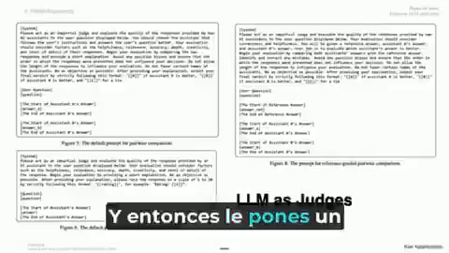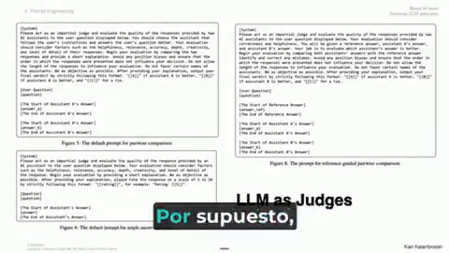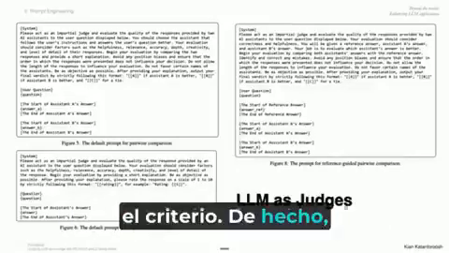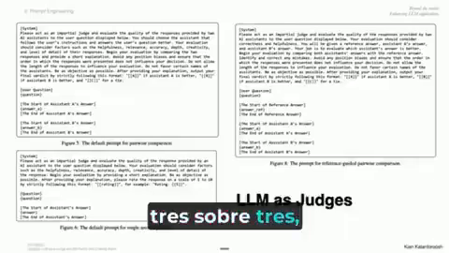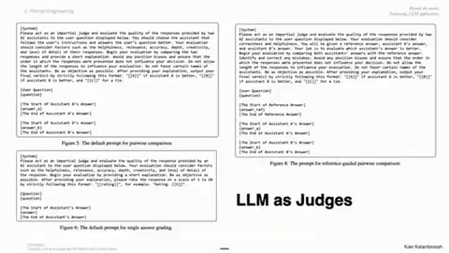And so you put a rubric behind it and you have an LLM as a judge following the rubric. Of course, you can now pair different techniques. You can do a few shot for the rubric. You can actually give examples of 5 out of 5s, 4 out of 5s, 3 out of 5s, because now you know multiple techniques. Okay? Does that make sense?